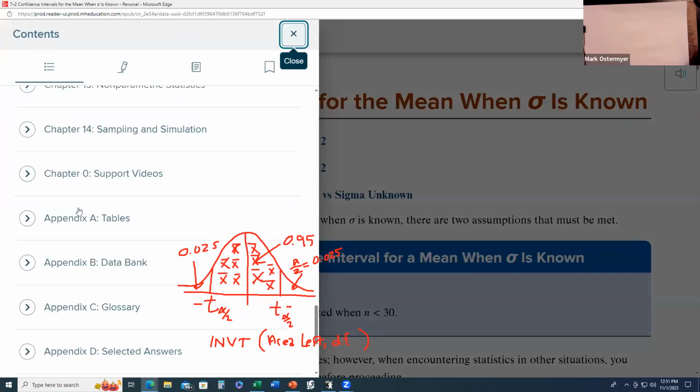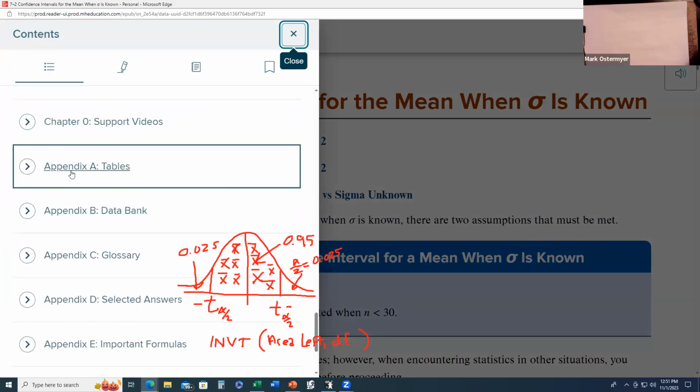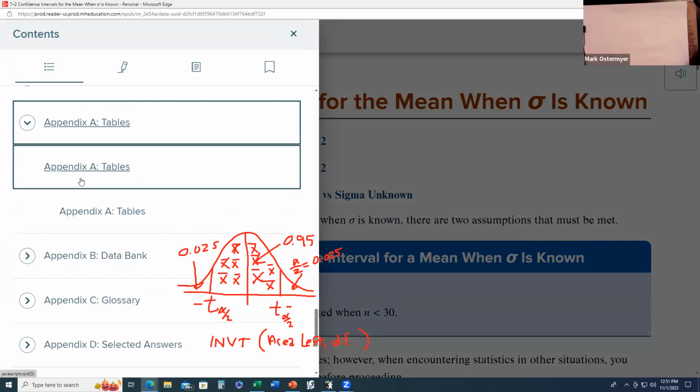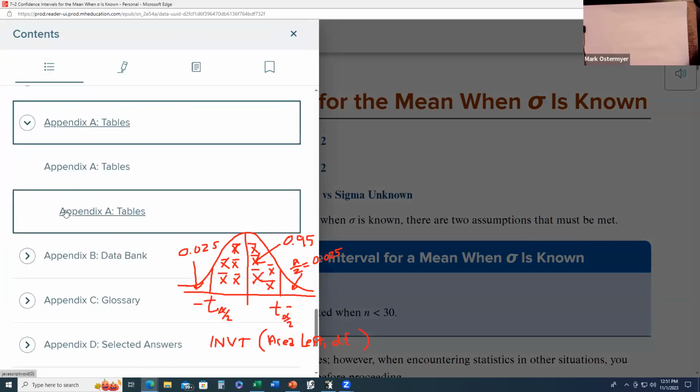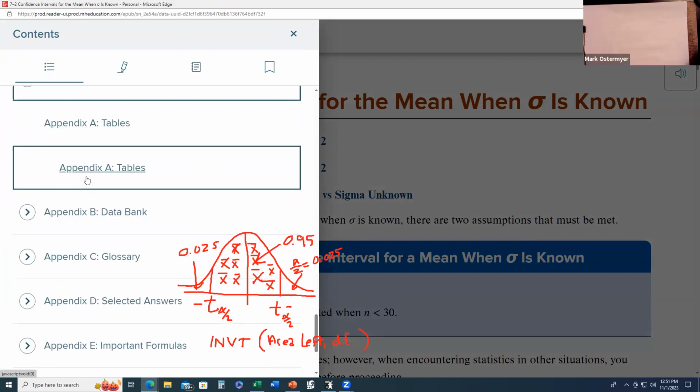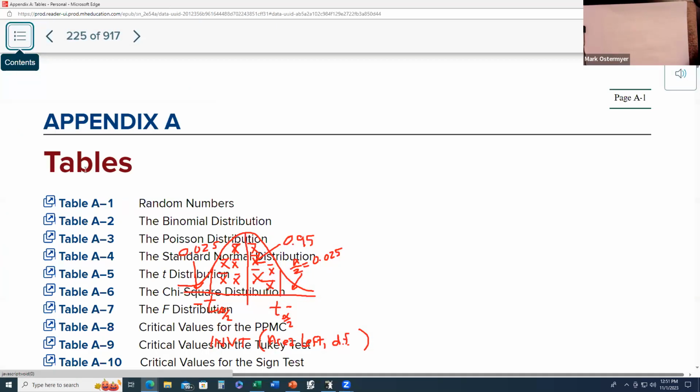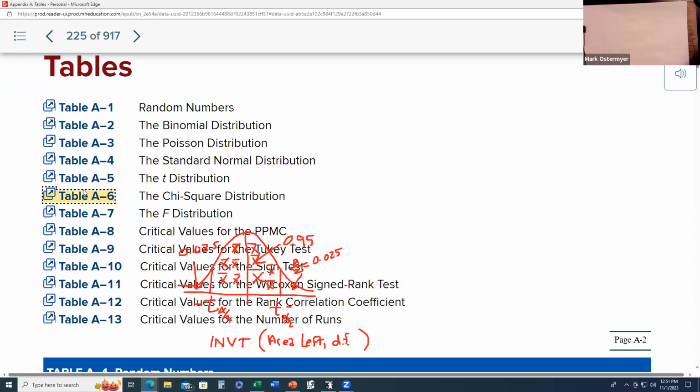Appendix is way at the back of your book here. Appendix A tables. Let's see. Yeah. And we want table A-5. Do you see it? T distribution? Yes. That's the one you want.